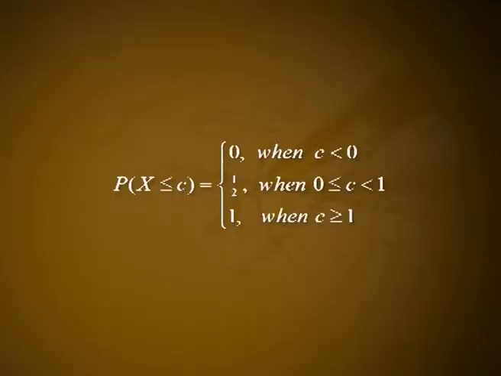For this real valued function X defined on S, if it is possible to define P of X less than or equal to c for any real number c, then the function X is known as a random variable defined over S. For the defined real valued function X, we can write P of X less than or equal to c as equal to 0 when c less than 0, equal to 1 by 2 when 0 less than or equal to c less than 1, equal to 1 when c greater than or equal to 1. Hence, the real valued function X is a random variable.